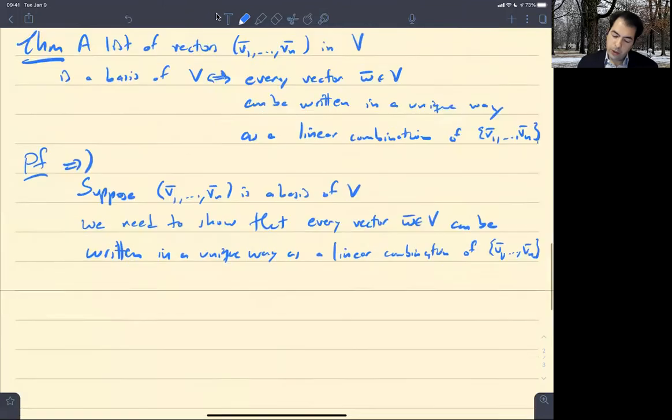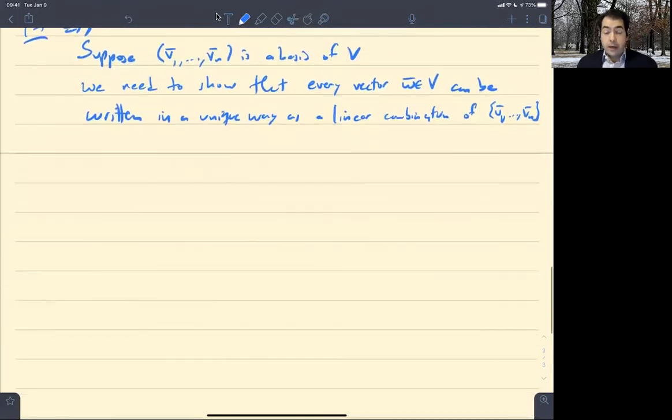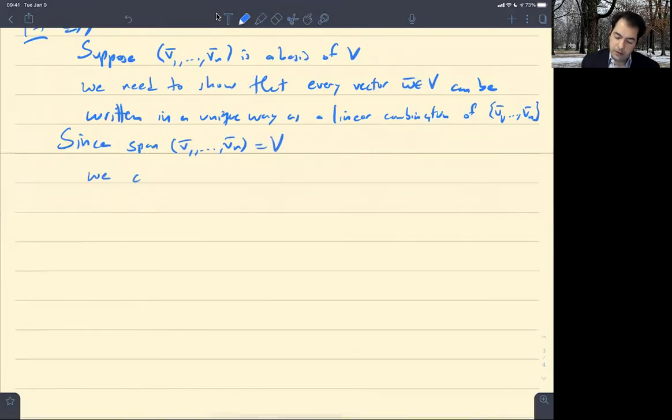Okay, so what do we know? We know that it is a basis. That's the same as saying we know that it spans and we know it's linearly independent. Okay, so since the span of the V's is all of V, we can write W as a linear combination.